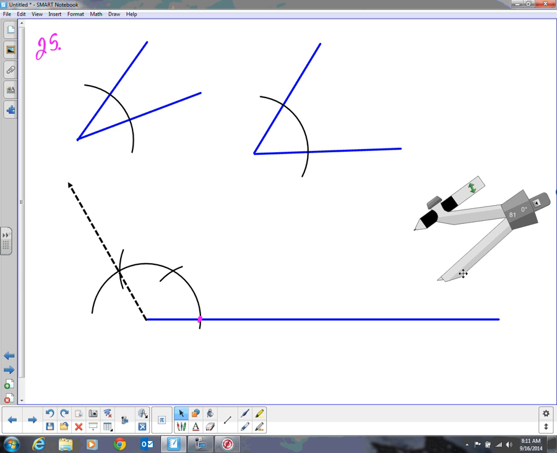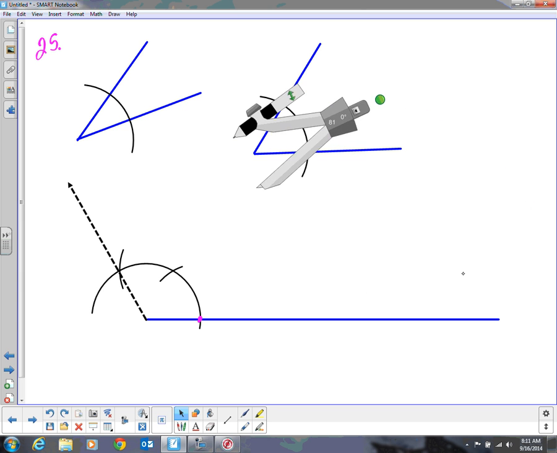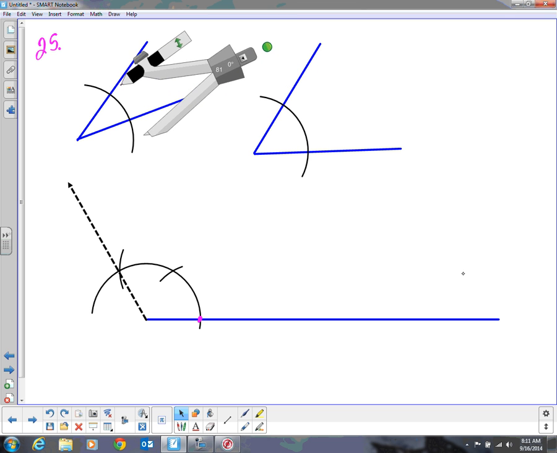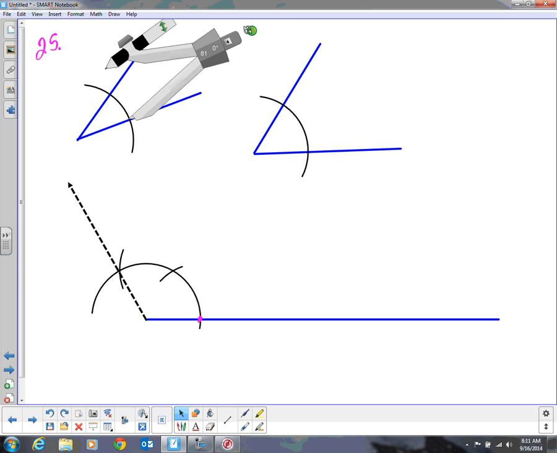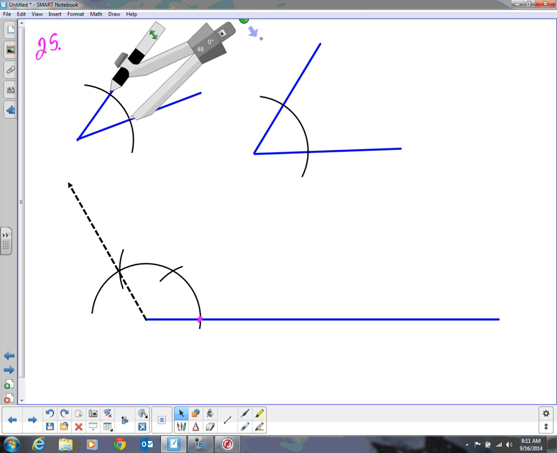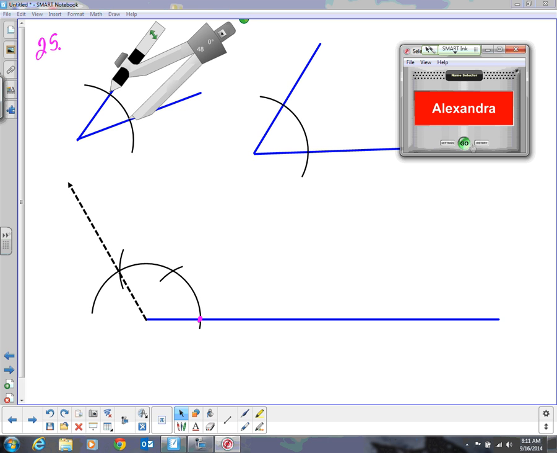So Alexandra, how do I measure this angle up here? Okay, and then what? Put my pencil point on that point, correct? All right, so now that I've got that angle opening, where am I going to put my compass point? Samantha?